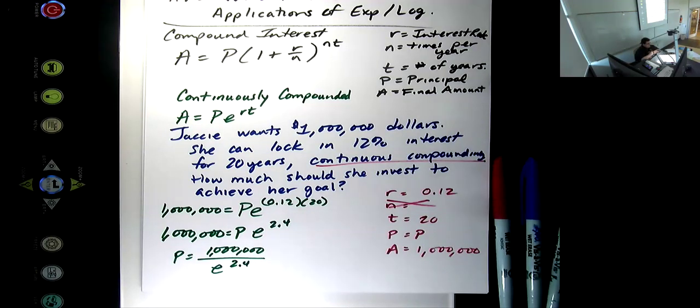That's the exact answer, but that means nothing to Jackie. So Jackie says, let me get out a calculator and figure out what that is. I'm gonna take the exponent of 2.4. And I'm gonna take $1 million and divide by it.